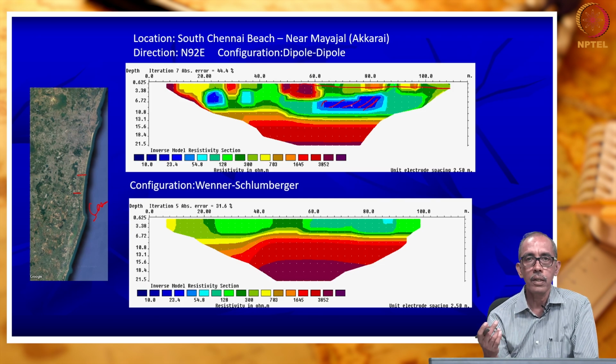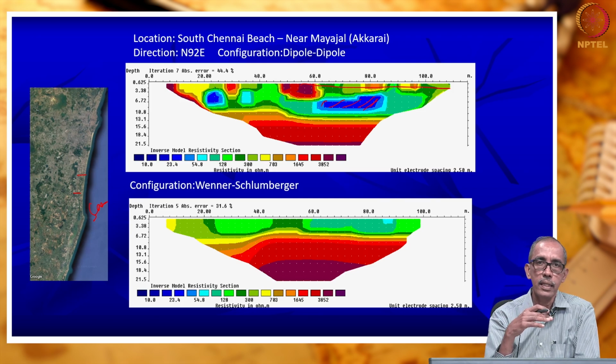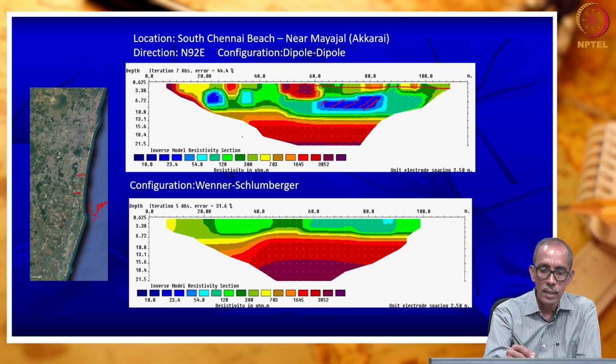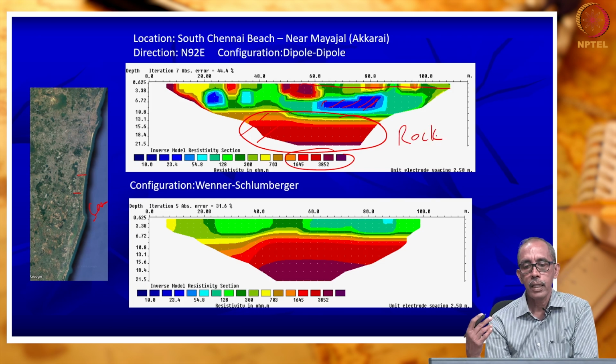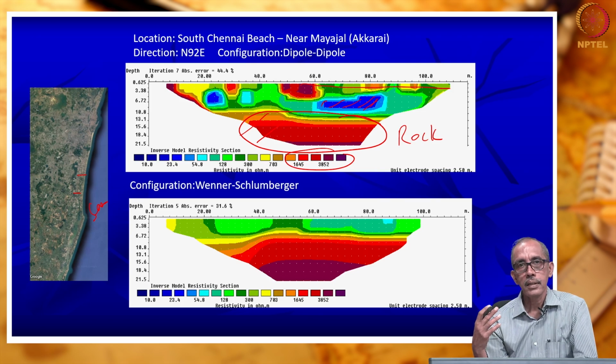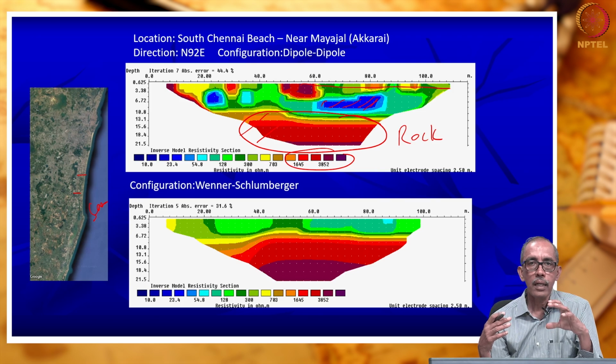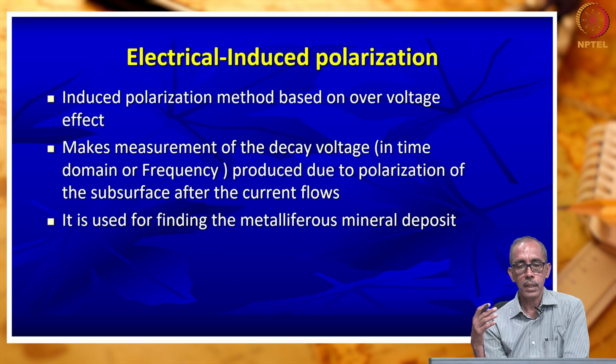Groundwater with low resistivity has been deciphered because of the effect of seawater intrusion. Then beneath that you have a very high resistivity zone. This zone is rock, probably a rocky region below the surface of the earth. So we are able to understand the nature of the material and also the quality of groundwater using the resistivity method.